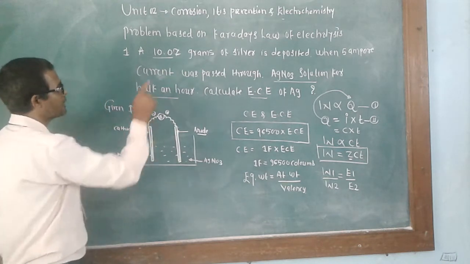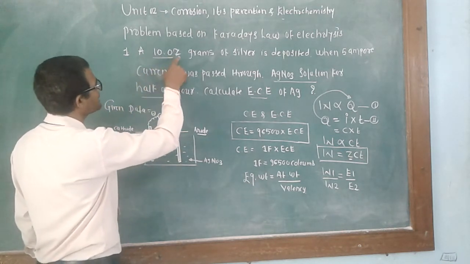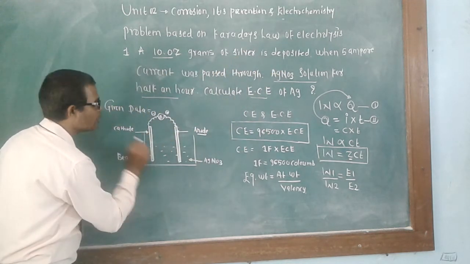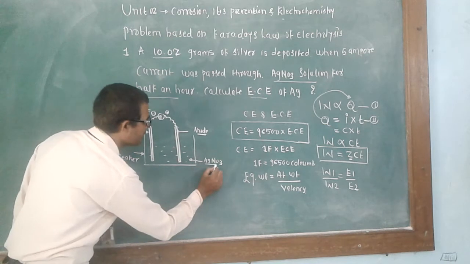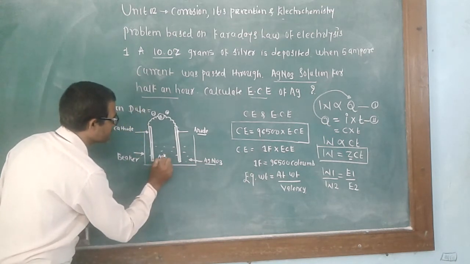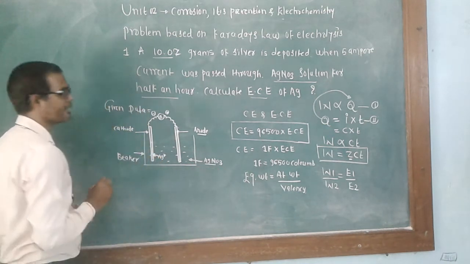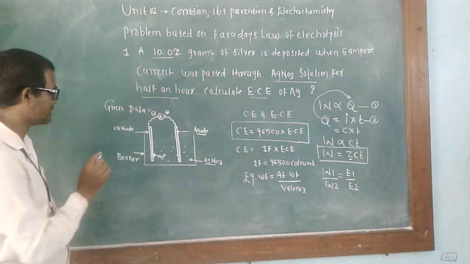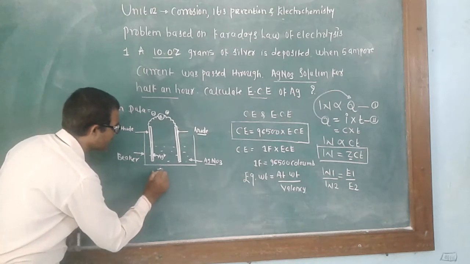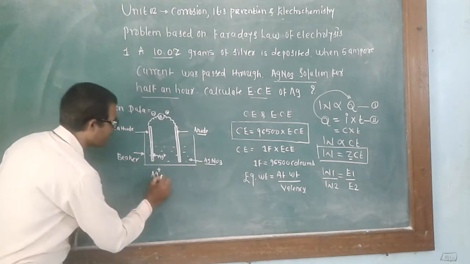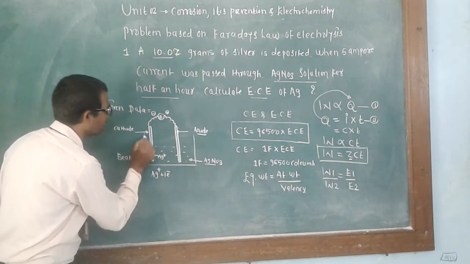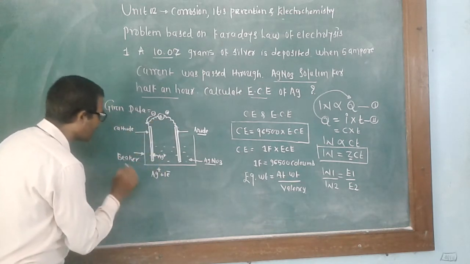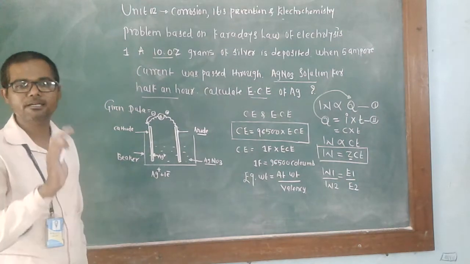Now what happens at the cathode? From this electrolyte, the Ag plus will be attracted towards the cathode. In the cathodic reaction, the silver plus ions present in the electrolyte accept an electron from the cathode. The electron is given by the battery. So at the cathode, there is always a gain of electrons, that is, a reduction reaction.